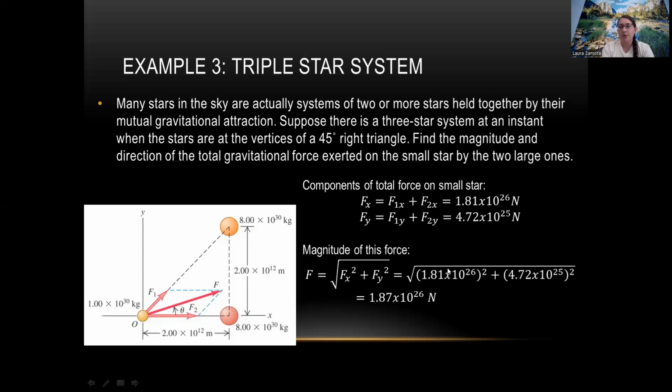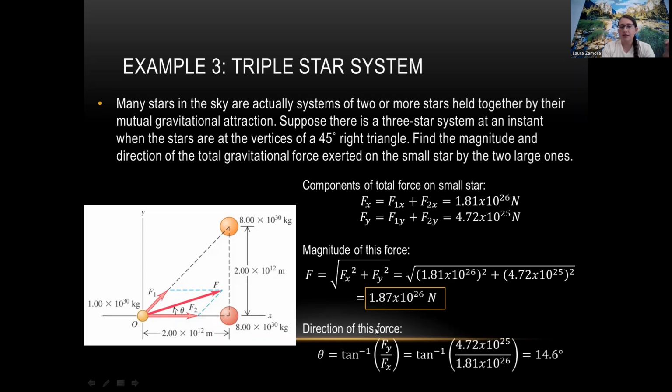So here's our x component squared plus our y component squared. When we square root that result, we get a total gravitational force of 1.87 times 10 to the 26 newtons. And that's our magnitude of the total gravitational force from both of these big stars on that small star.